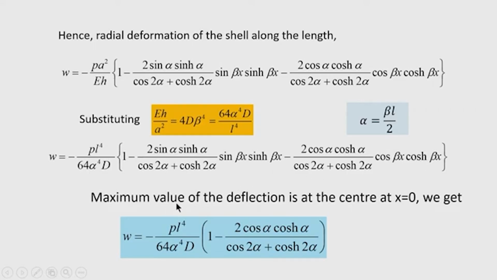So, the maximum deflection is obtained as W equal to minus P L to the power 4 divided by 64 alpha to the power 4 into D, bracket 1 minus 2 cos alpha cosh alpha divided by cos 2 alpha plus cosh 2 alpha. That means the second term is a hyperbolic function, cosh 2 alpha.